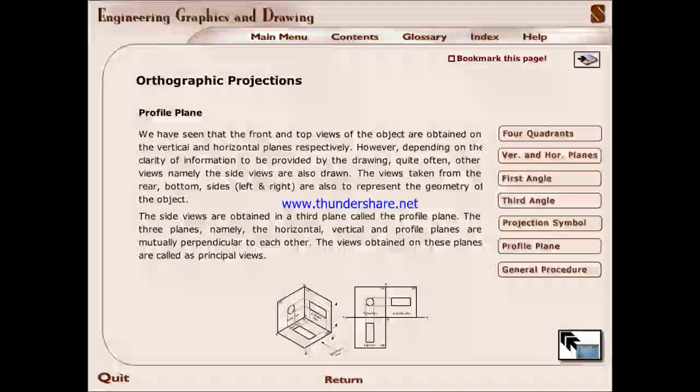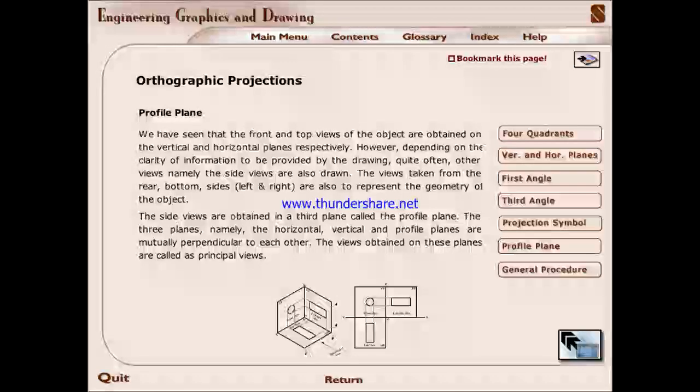The views taken from the rear, bottom, left and right sides also represent the geometry of the object. The side views are obtained on a third plane called the profile plane. The three planes, namely the horizontal, vertical and profile planes, are mutually perpendicular to each other. The views obtained on these planes are called principal views.